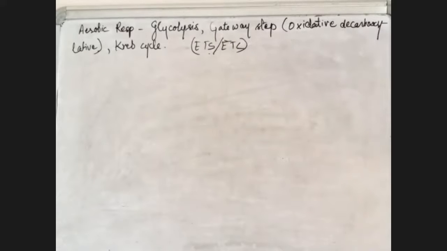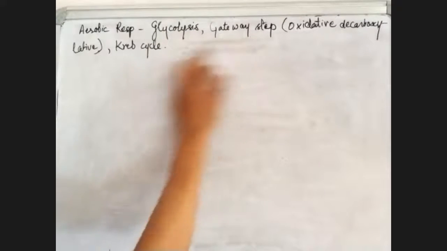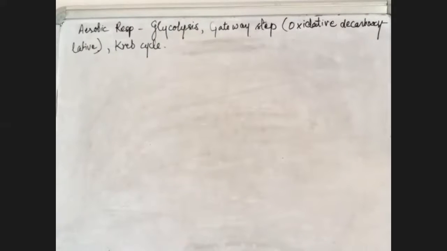In ETC or ETS, a proton gradient develops by the breakdown of NADH2 and the release of a pair of electrons and protons. The number of protons increases in the intermembrane space, thus developing a proton gradient. No ATPs are produced in ETS or ETC, so we do not count this cycle when we are preparing the balance sheet of complete aerobic respiration.